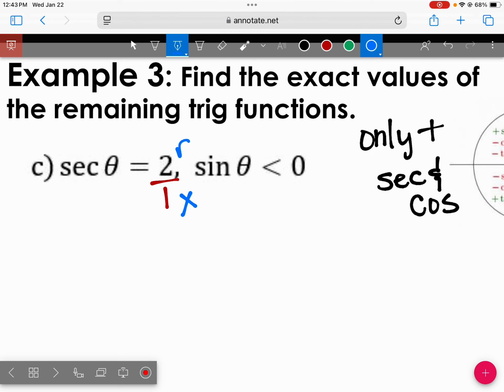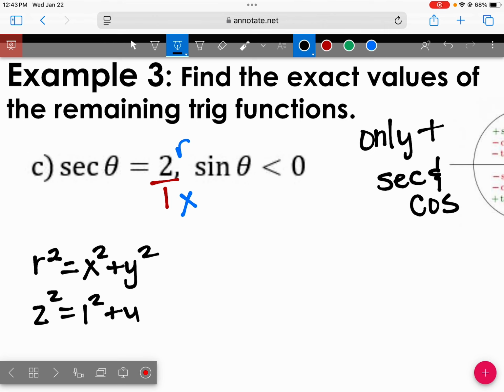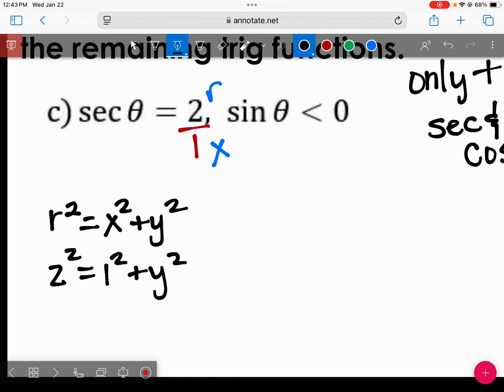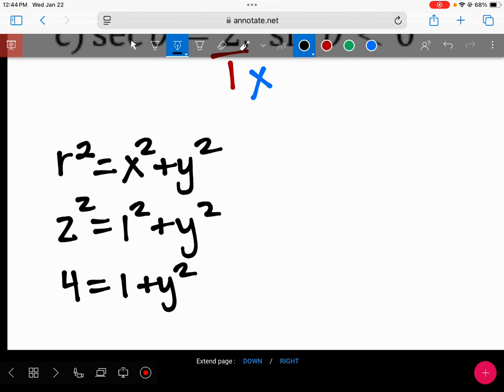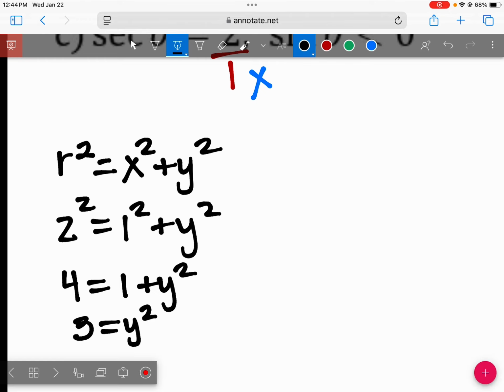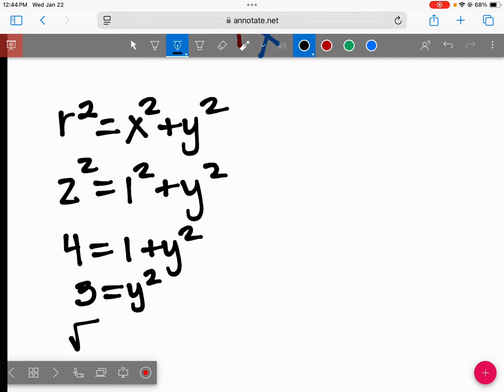So let's find y. We know r squared equals x squared plus y squared. So 2 squared equals 1 squared plus y squared. 4 equals 1 plus y squared. Subtract 1. 3 equals y squared, which means that the square root of 3 is equal to y.